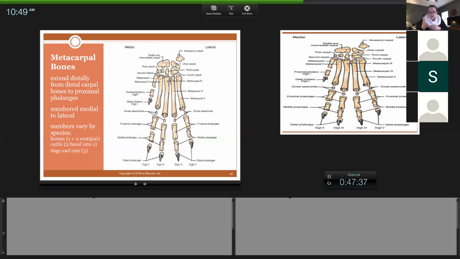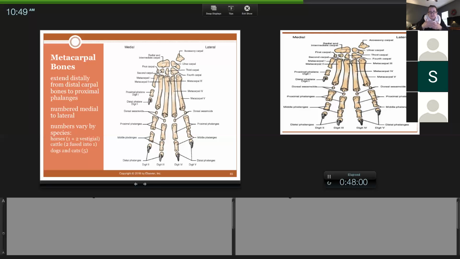It's part of your exercise in your lab book, which is labeling the horse limb. You're going to see in the reading they are sometimes called splint bones. Splint bones were probably the leftovers of metacarpal 2 and metacarpal 4, and they attach to metacarpal 3. A horse does not have metacarpal 1 or 5.